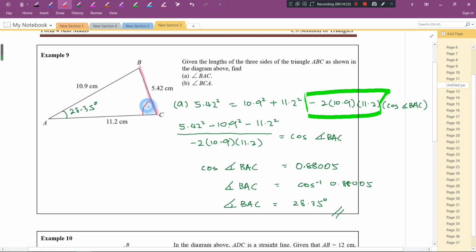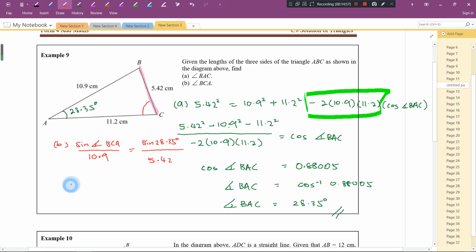Okay, I want to use the angle, right? So I put this angle on the top. Sine BCA over 10.9 is equal to sine 28.35 over 5.42.